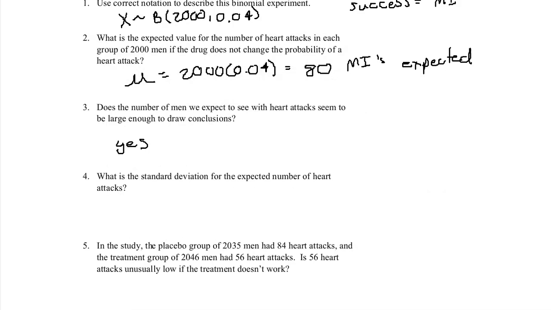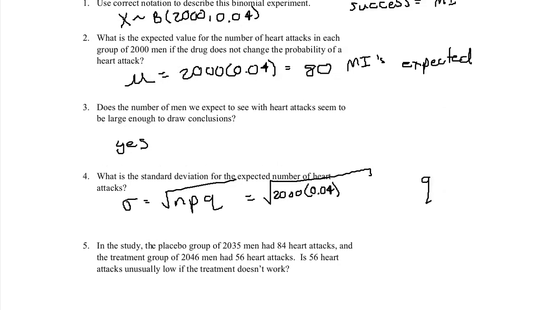So if we have a study being this size like we want to, our standard deviation is going to be the square root of npq, square root of the number of people in the study, times the probability of a heart attack, times the probability of not having a heart attack.